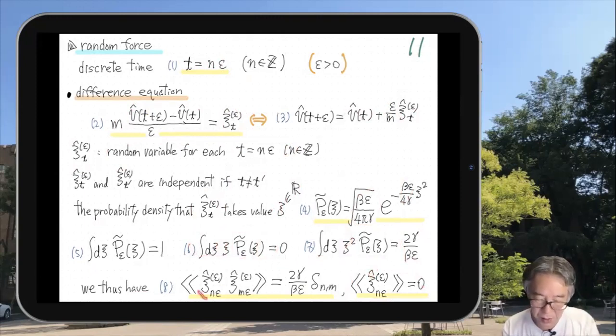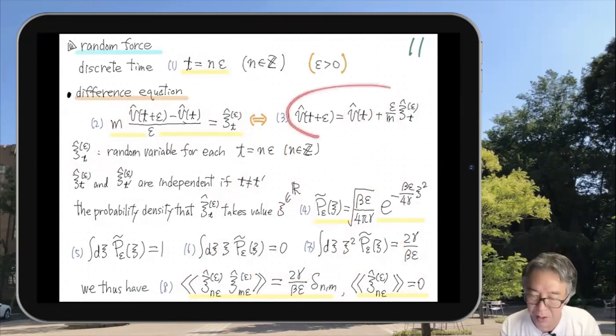And if you consider this kind of correlation, then when n and m are not the same, because of this independence, this average is 0. When n and m are equal, you see that it is given by this. I use this double bracket because this is a kind of path average, a time-dependent average. So this is the basic property.